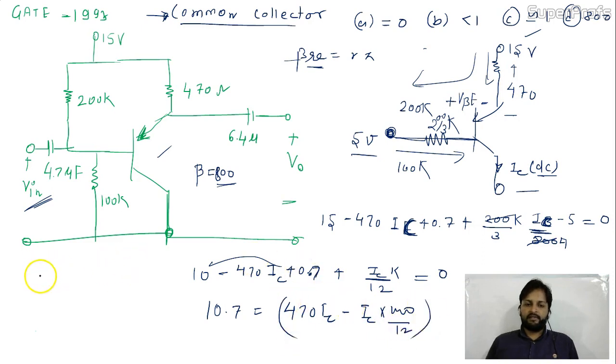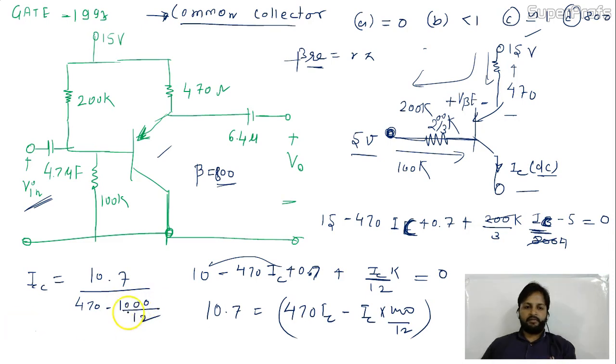This is like this. So when you calculate IC, you will get 10.7 divided by 470 minus 1000 by 12. So this will be nearly 83.33. So you will get IC nearly equal to 26.64 milli.